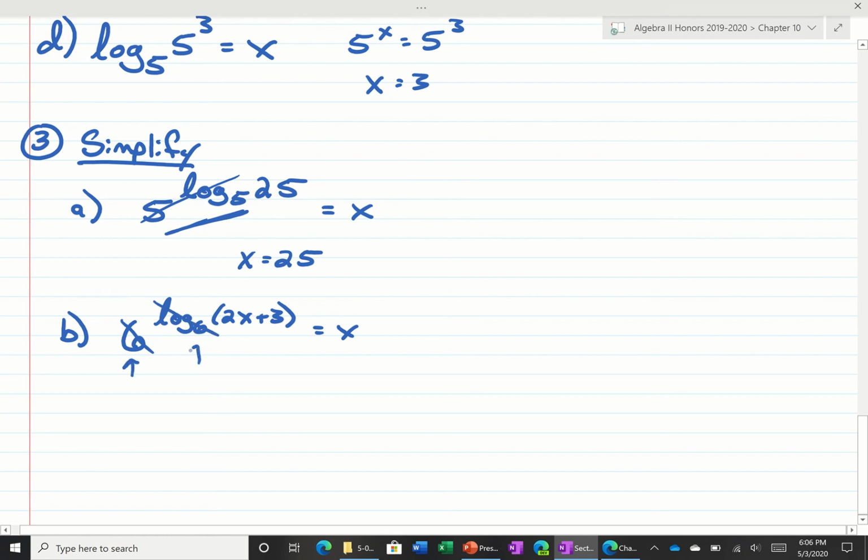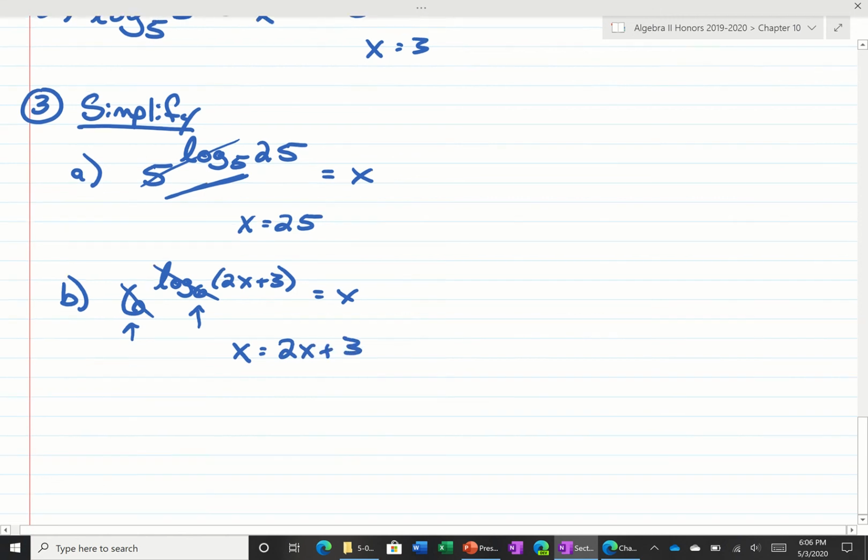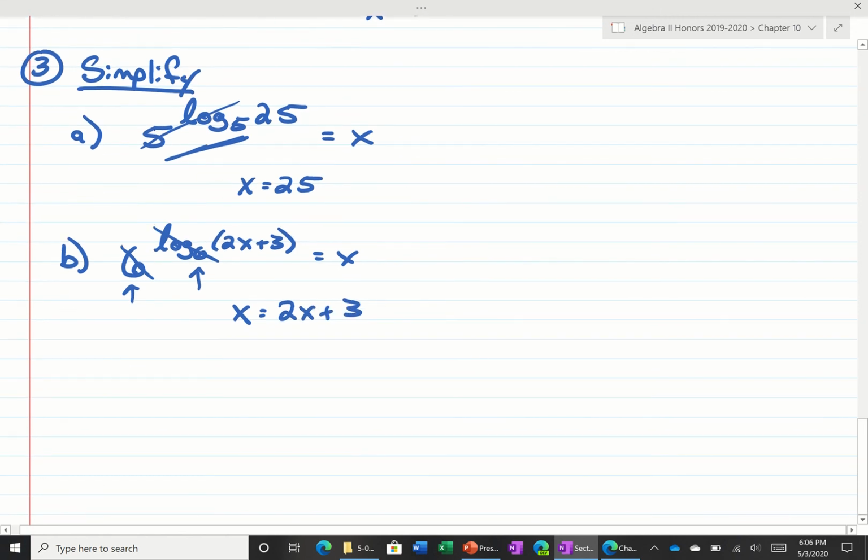Base exponential, log exponential, those cancel. And we just get x is equal to 2x plus 3. That's what it's equal to. So, I mean, really, we could have put y here, right? Just be careful there. It's not saying that 2x plus 3 is equal to x, and then you bring it over. That's what it's actually equal to. That's what it simplifies to. 2x plus 3 would be the answer.